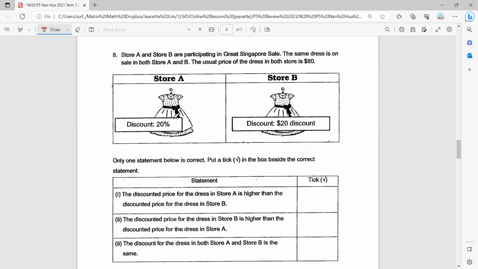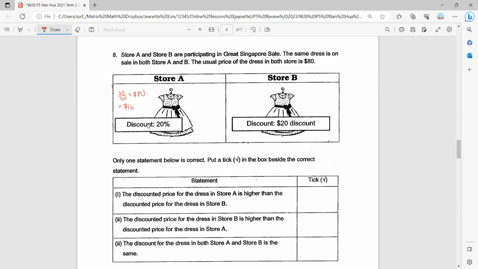Okay, let's calculate. So in terms of dollars, I know B is $20. But in terms of dollars for A, I need to calculate. So let's calculate 20%, 20 over 100 times $80. And this will give us 16.